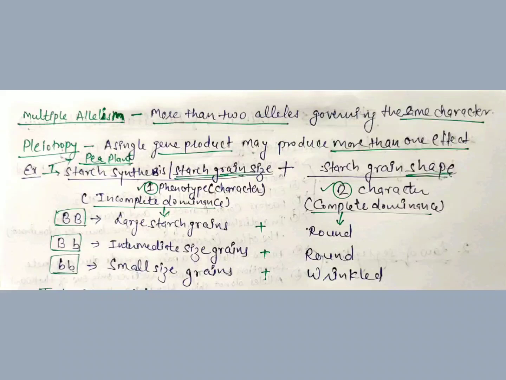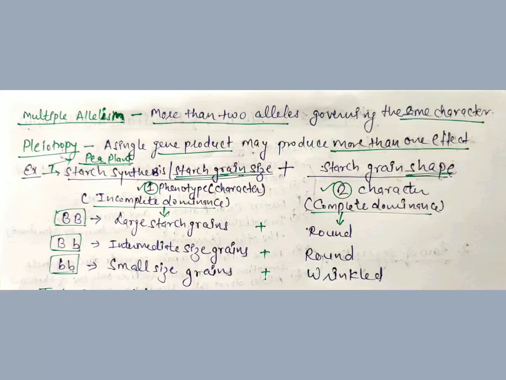Like the starch synthesis: the starch grain size in pea plant and starch grain shape in pea plant. These are the two characters which are determined by a single gene product or genotype. So the first character is grain size and the second character is grain shape. In starch grain size, incomplete dominance is seen, whereas in starch grain shape, complete dominance is seen.